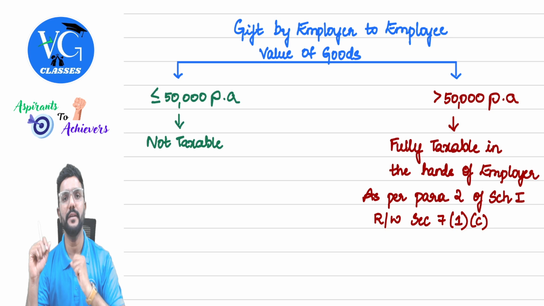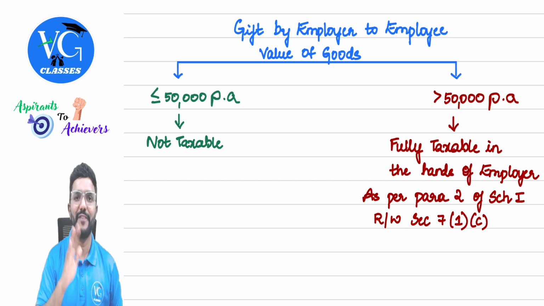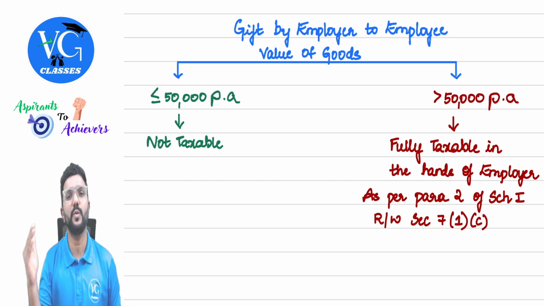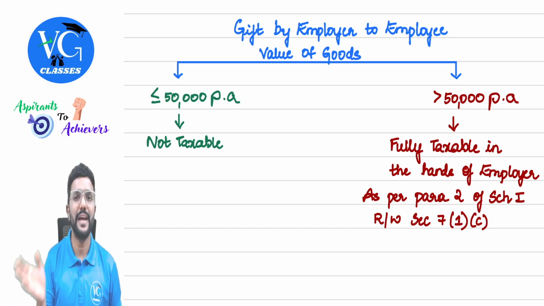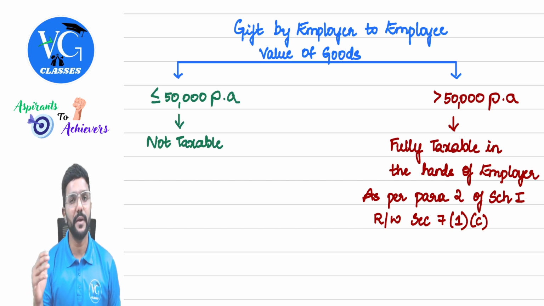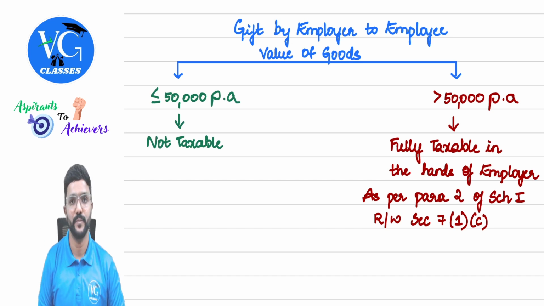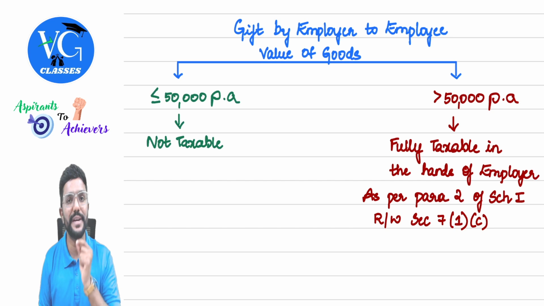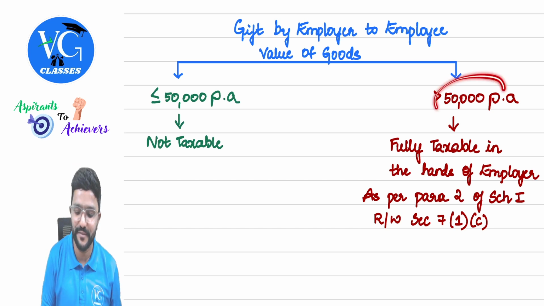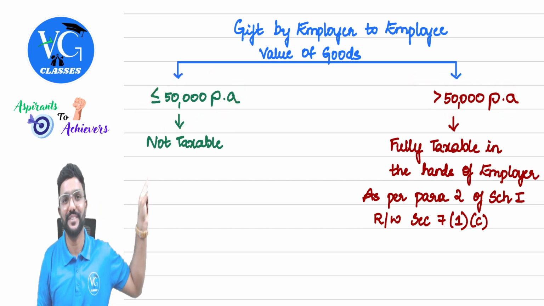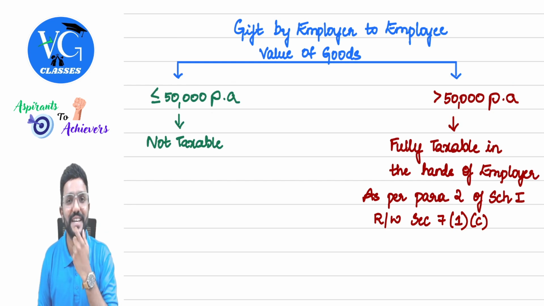Whereas if it is in kind, we need to check whether it is less than 5,000 or more than or equal to 5,000. If the value of the gift is less than 5,000, not taxable. If it is more than or equal to 5,000, then the entire value of the gift will be taxable. So please be careful because students might get confused. Here the limit is 50,000, whereas there, if the gift is in kind, they are putting it as 5,000, 10 times extra here.